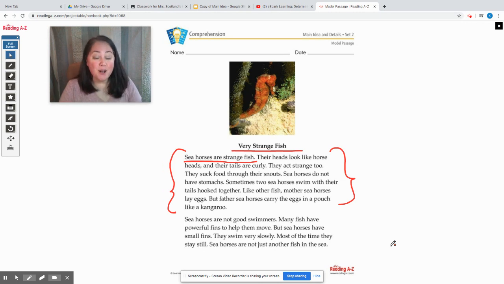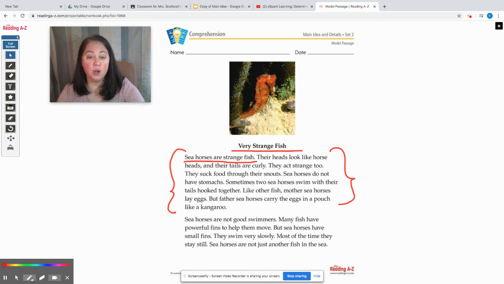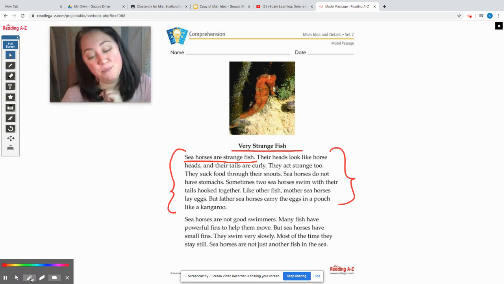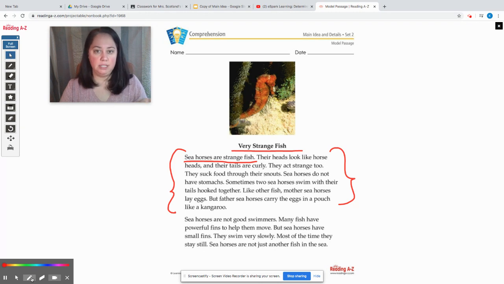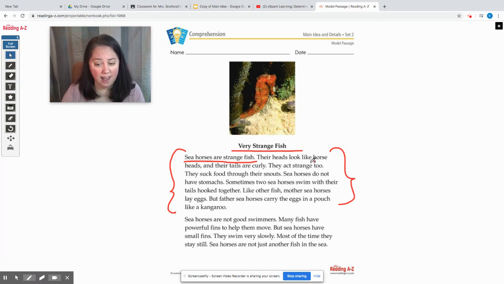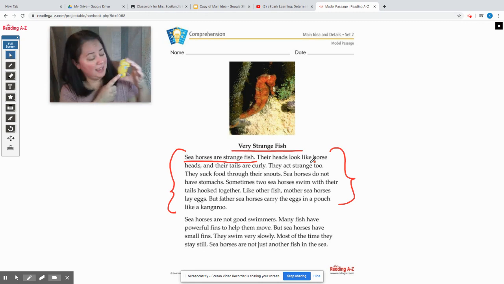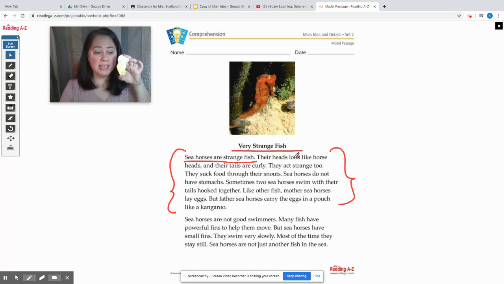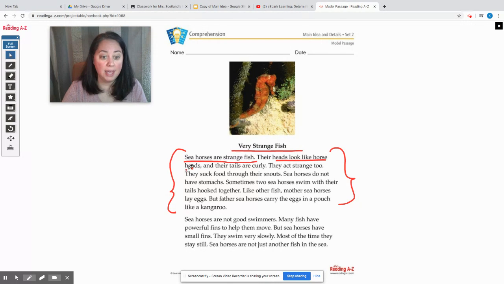Now we're going to go back into the text and underline the important details. In this one paragraph, there are a lot of important details, a lot of important information. But the first one that I think is important when thinking about what makes this fish strange is that their heads look like horse heads.